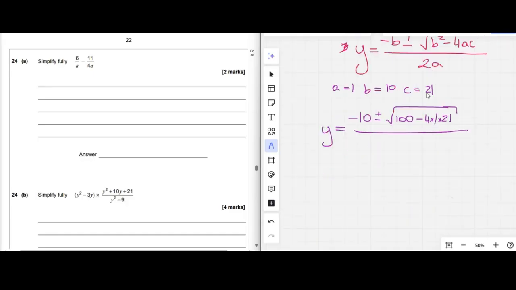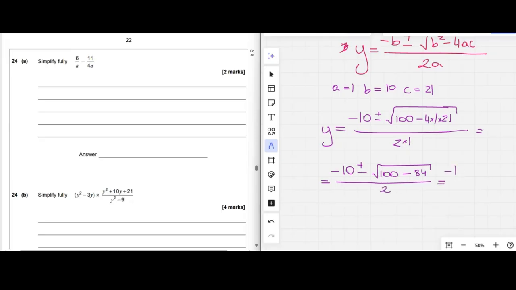Divided by 2A, so 2 times 1. Minus 10 plus minus... what is inside the square root? 100 minus 4 times 21 is 84, divided by 2.